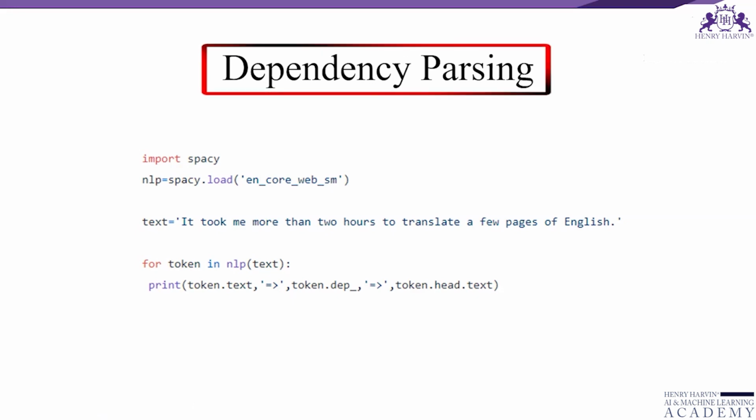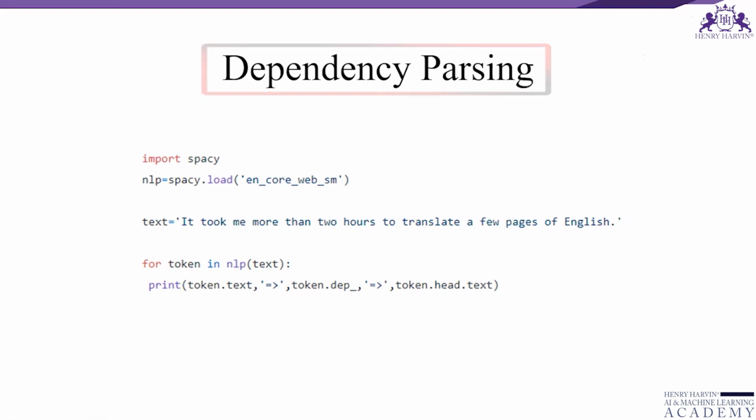Here is how to write this in code: import spacy, then nlp equals spacy dot load, text is equal to the sentence, and then for token in nlp. Here I have written it out, so basically I can use spaCy for this. If you look at this, you can see dep underscore, which returns the dependency tag for a word, and head dot text returns the respective head word.